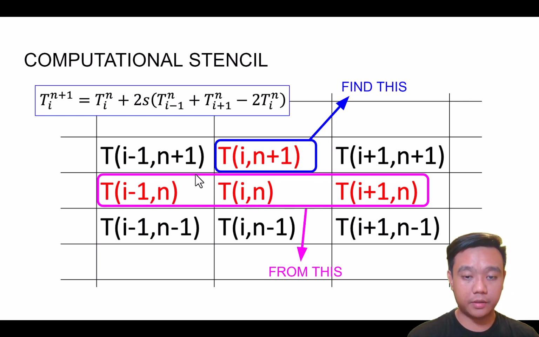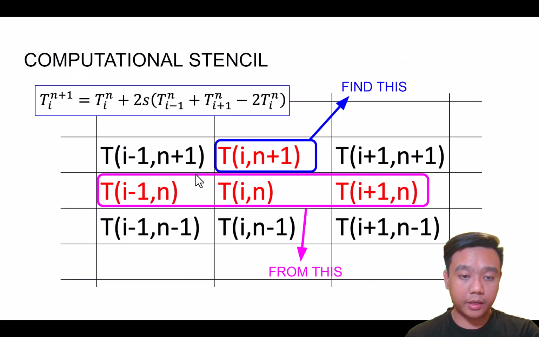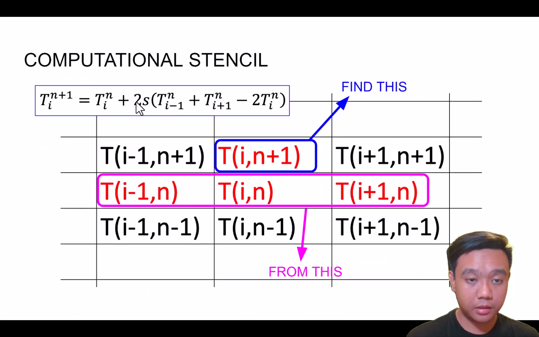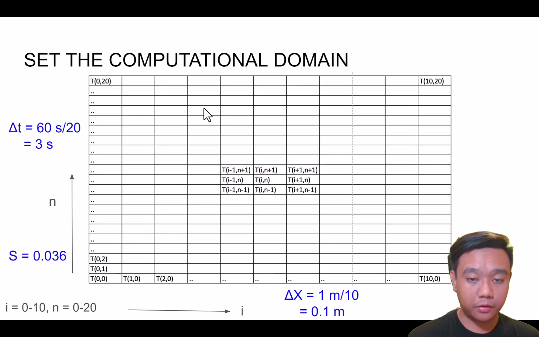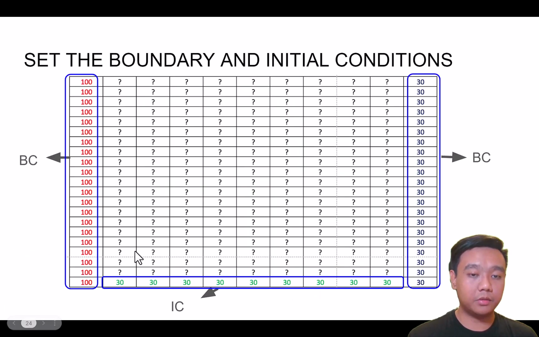It is actually very simple. And to get the value here, for example, if we want to use this equation, we should have T i, n and T i minus 1, n and T i plus 1, n. So if we just use these unknown values, we actually cannot fill the equation and cannot find the solution. So the first step we must do is to set some boundary values here.